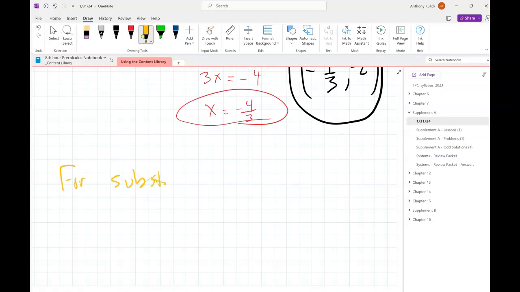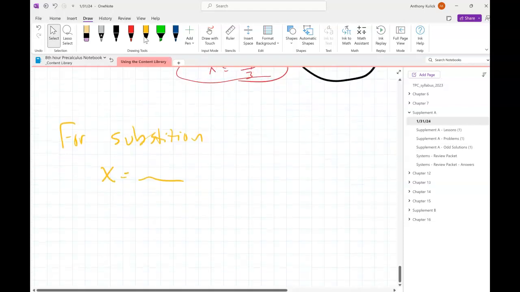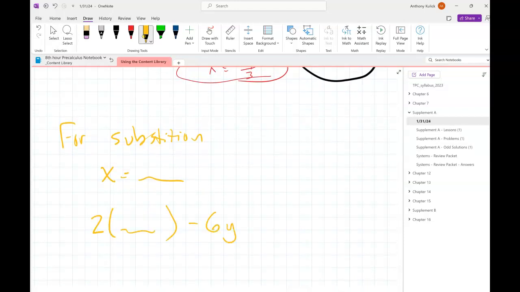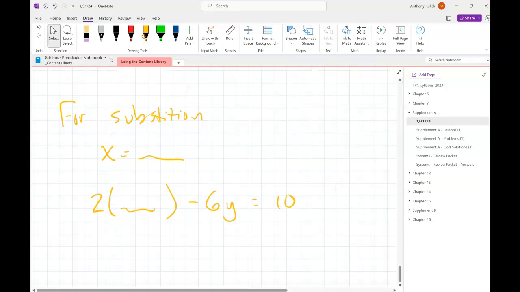Say we're doing a substitution problem, and we got x equals some stuff. So I plug in, I have like 2 times that stuff minus 6y equals 10 or something. You kind of see what I'm trying to say? I got one variable by itself and I plugged it back into the other equation.